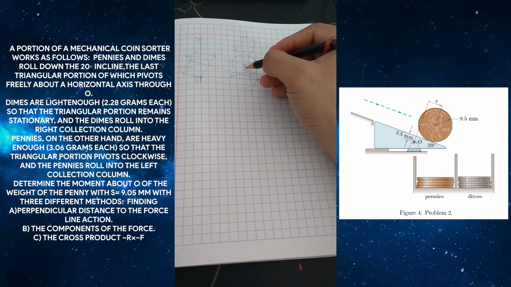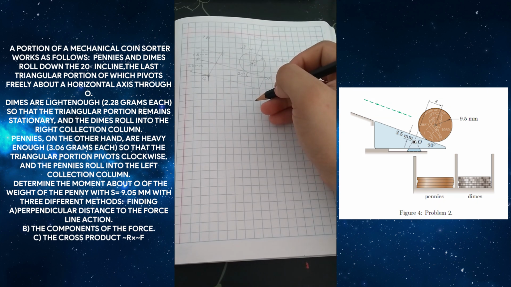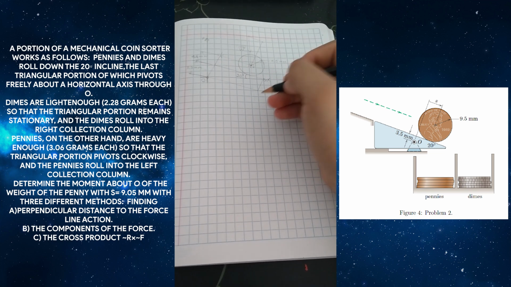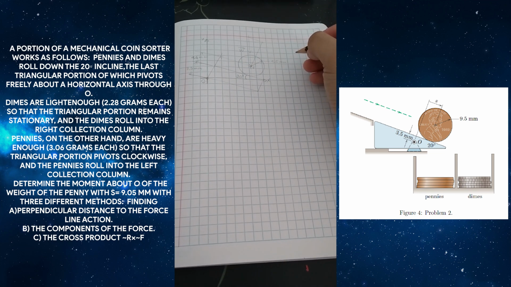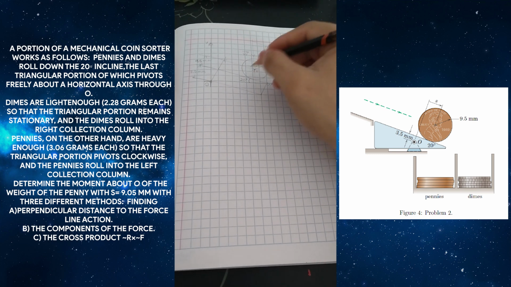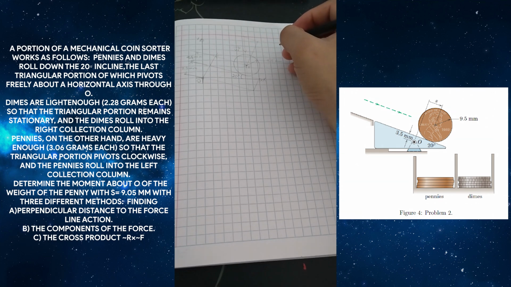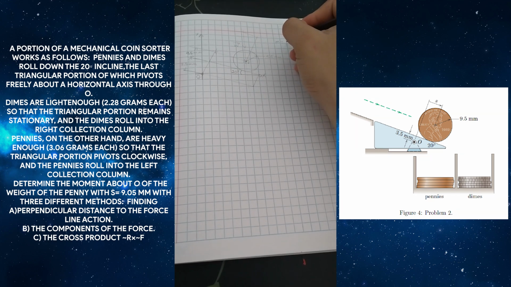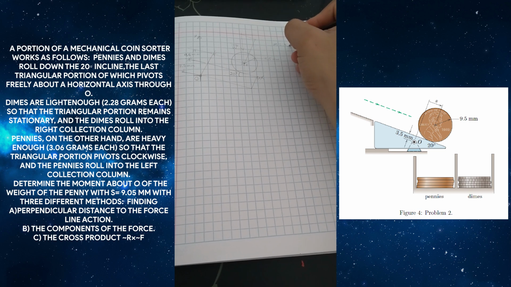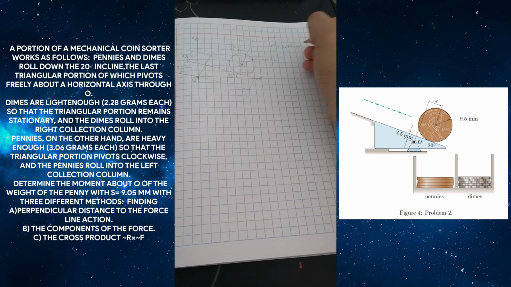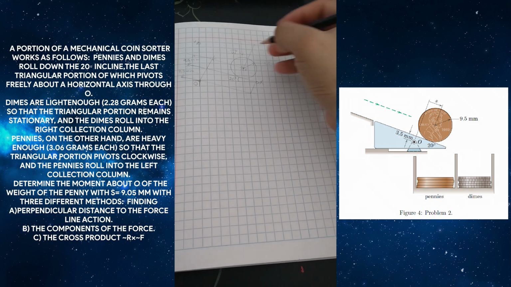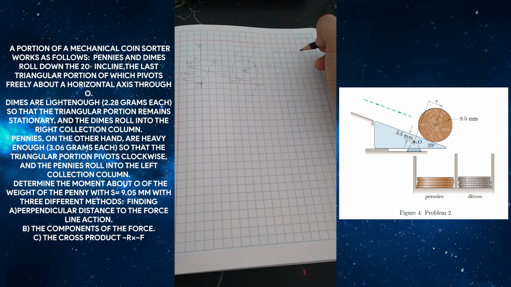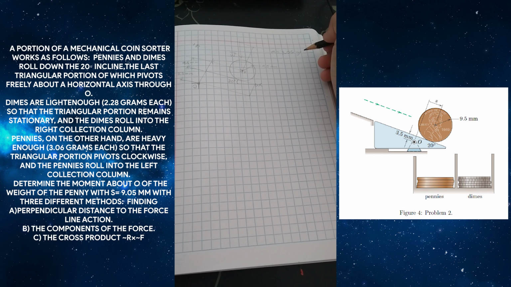So the first thing that we need to find is the total weight of the penny. We know that the mass is equal to 3.06 grams. So to find the total weight, we need to transform this mass from grams to kilograms.